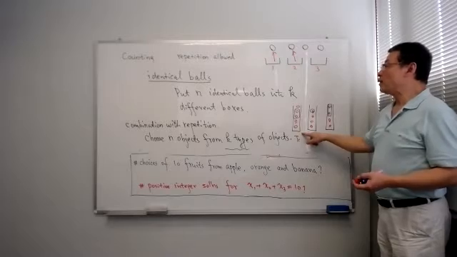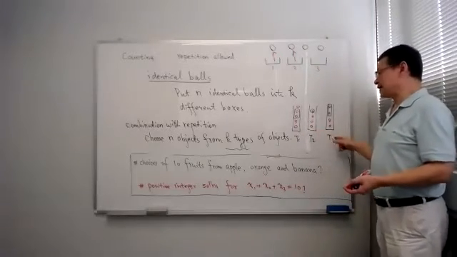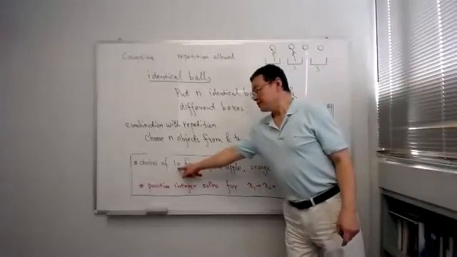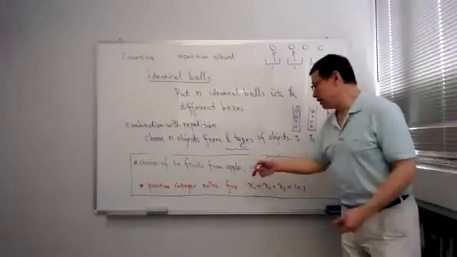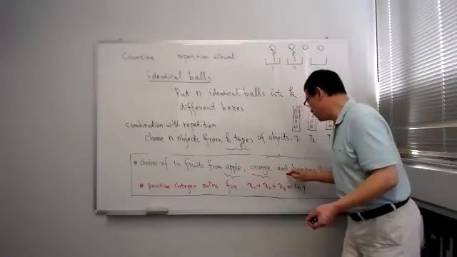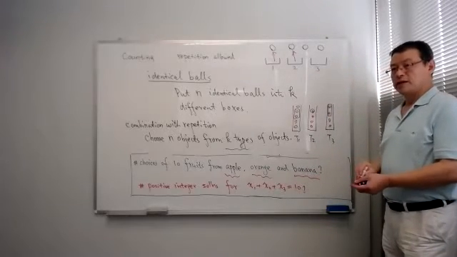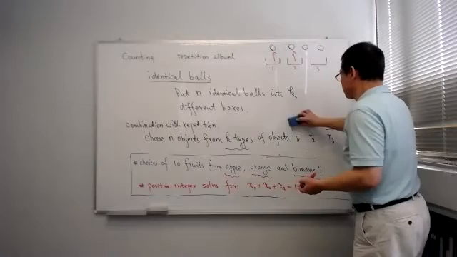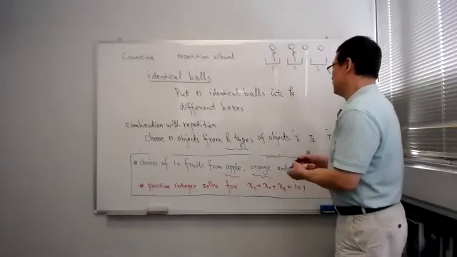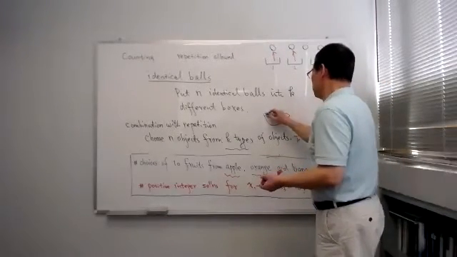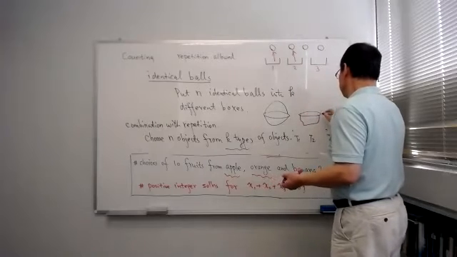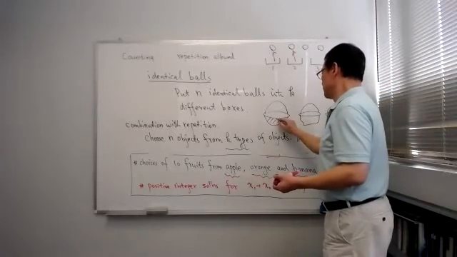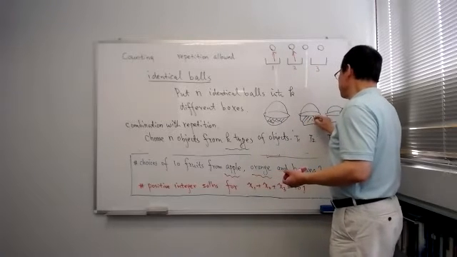Now we want to choose an object from these k types. For example, the first example: we choose 10 pieces of fruit from 3 types of fruit: apple, orange, banana. I have 3 baskets of fruits.